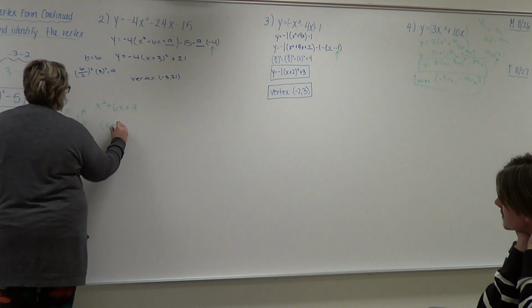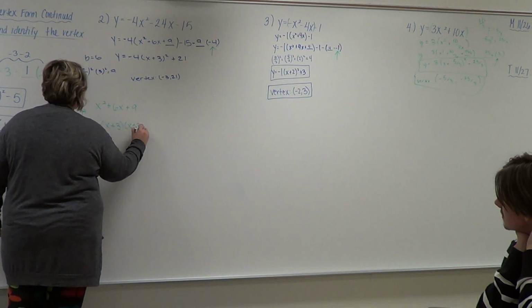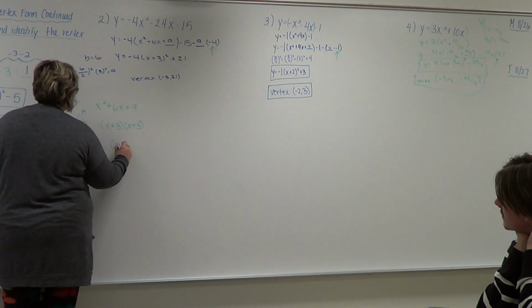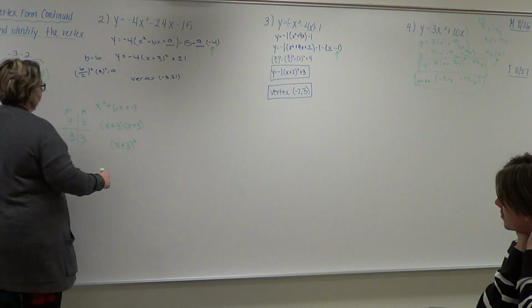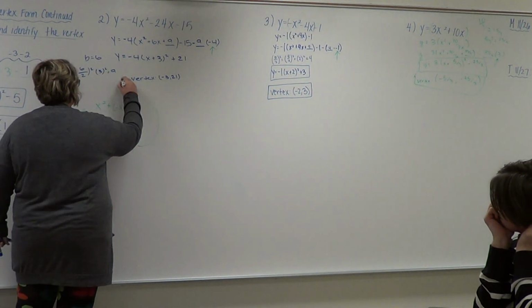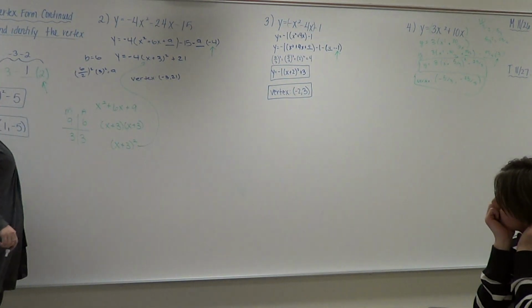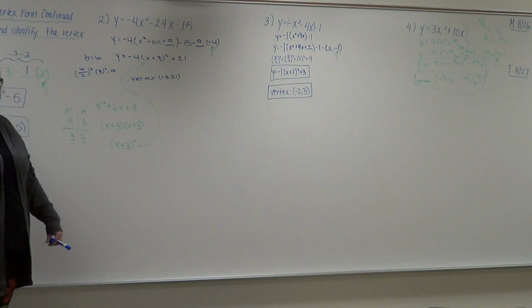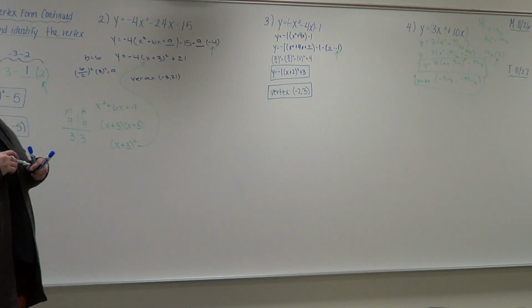So this factors into (x + 3), which is just (x + 3) squared. So instead of doing all this work, we made it into a perfect square and we're able to do this shortcut. Essentially all you're doing is factoring. Okay.